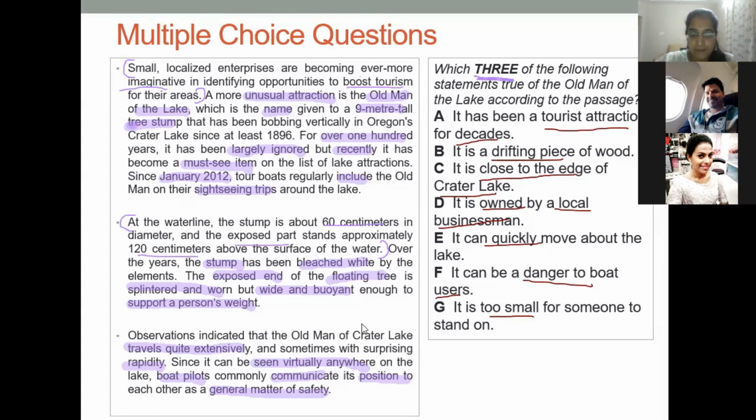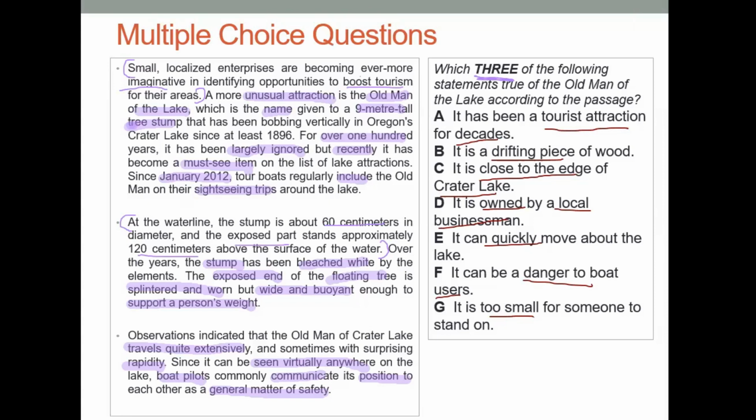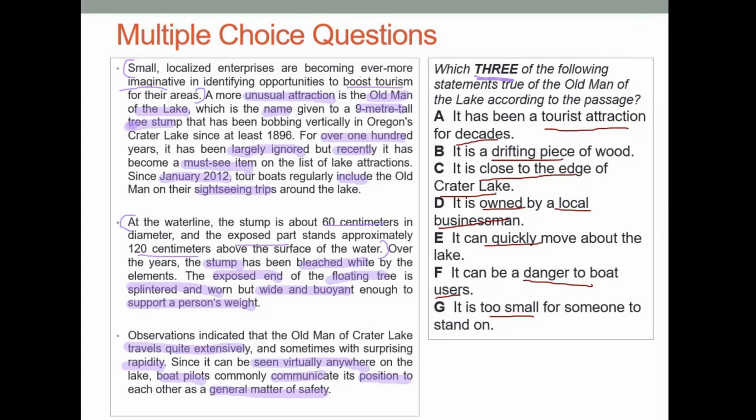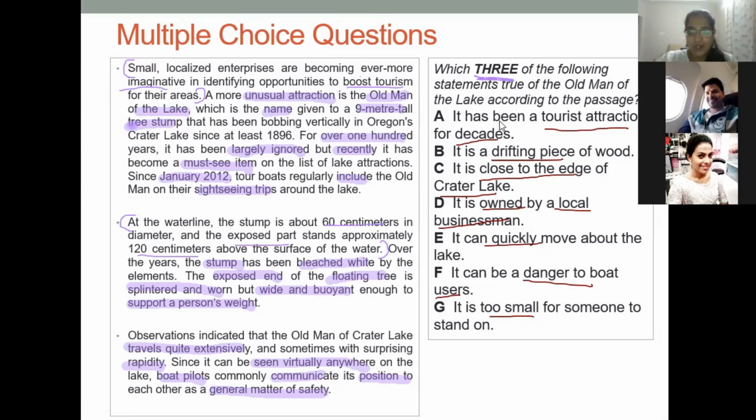Okay, super. Anila, Divya Teja, Rakshanda. Okay, let's discuss. All right, got a lot of answers.